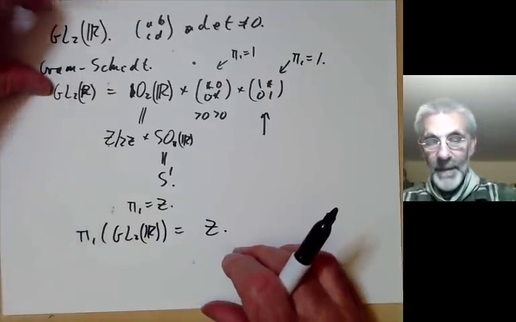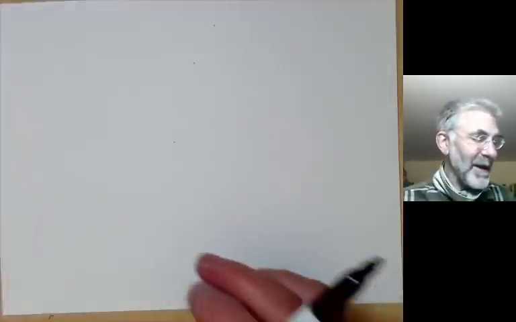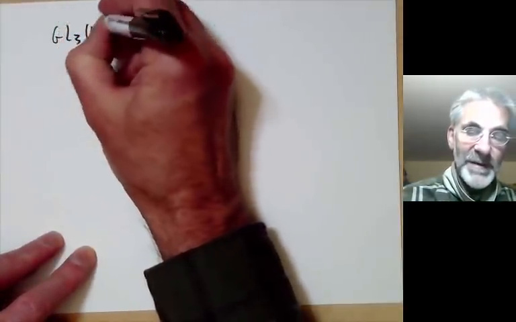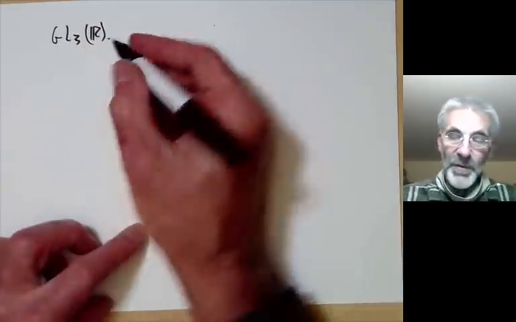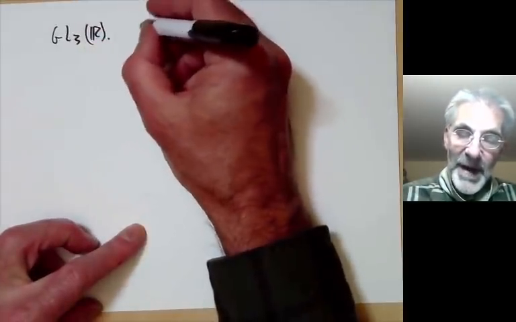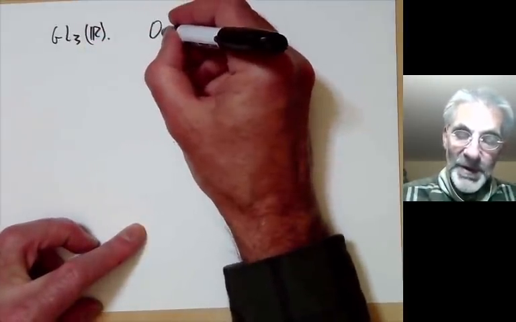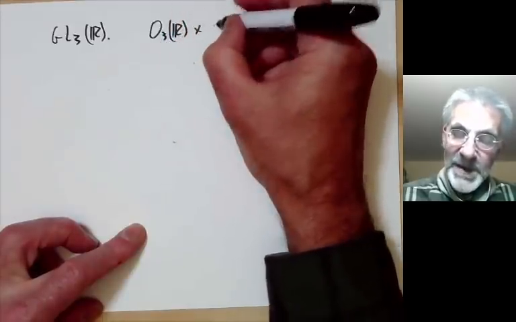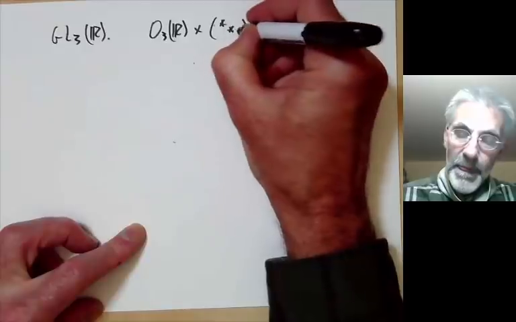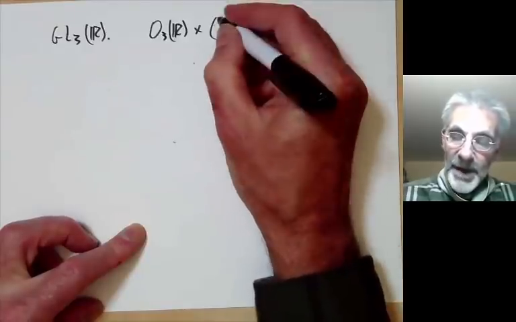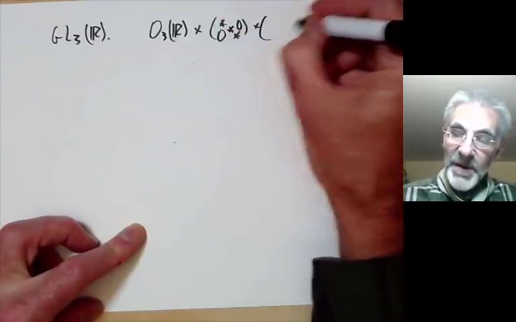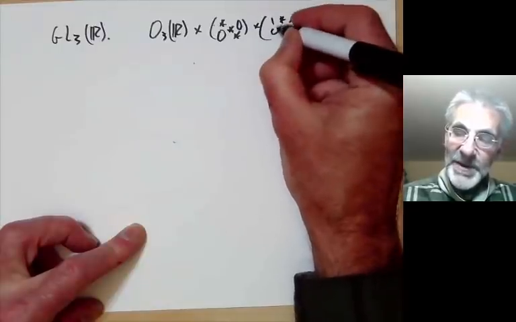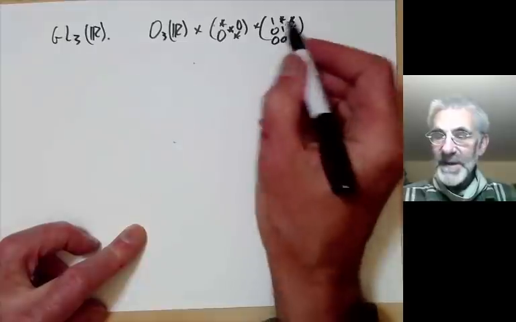And we can do this in higher dimensions, so let's work out GL3 of the reals. Well, as before, we do the Gram-Schmidt process and we find this is isomorphic as a topological space to O3(R) times diagonal entries with positive coefficients times the things you need for making the vectors orthogonal, which is this set of matrices here.